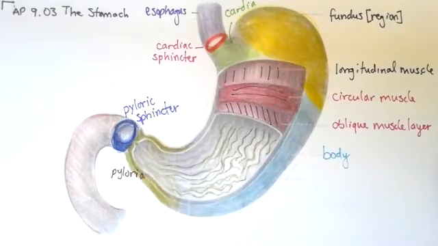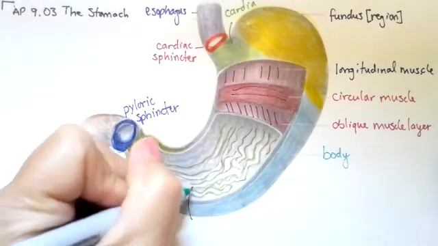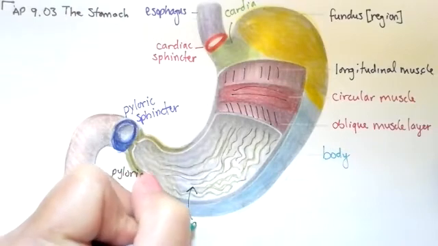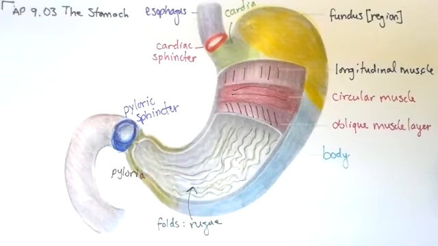The stomach has basically two functions. The main function is digestion, and we're going to talk about how these play a role in digestion. But let's finish up our structures first. In my darker green, kind of an olive green here, these are folds in the stomach called rugae, R-U-G-A-E, and these allow the stomach to expand.